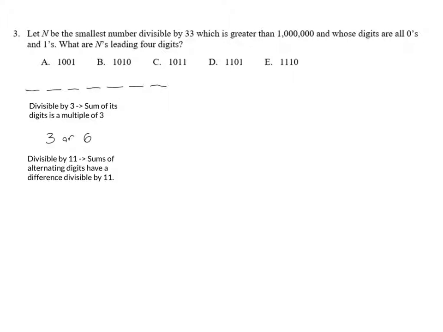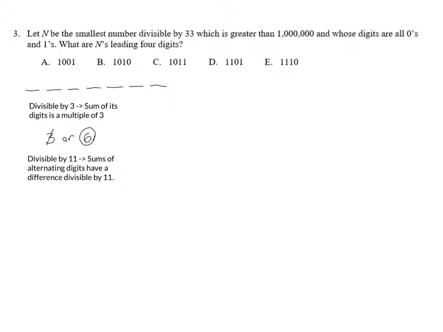That tells us that the difference has to be 0. And if the difference is 0, that tells us that each set of alternating digits has to have the same number of ones, and the only way for that to be possible is if there are 6 ones. Because if there's an odd number of ones, then the two sets can't have the same number of ones.